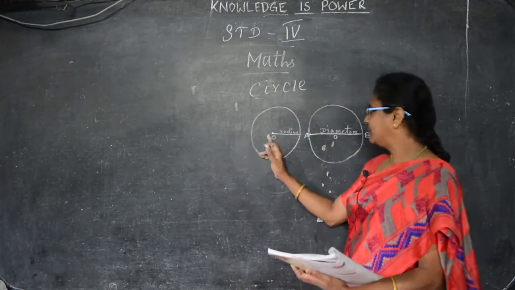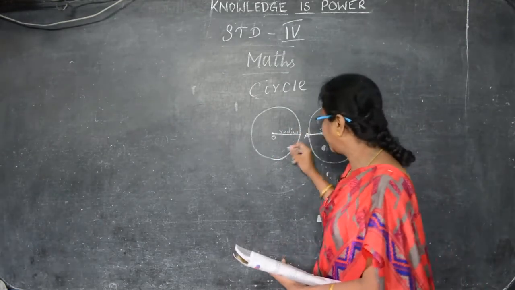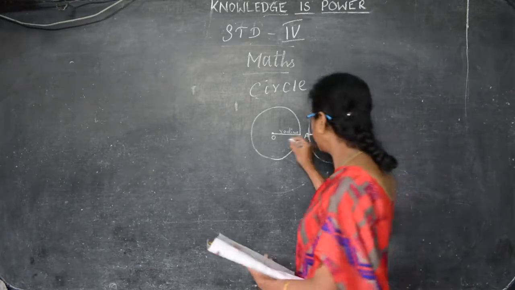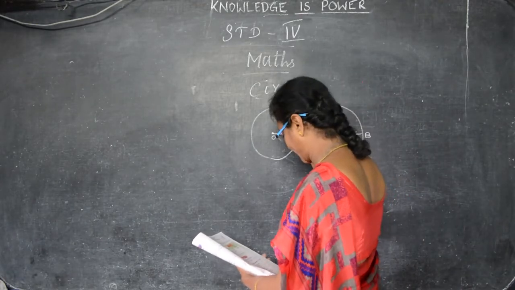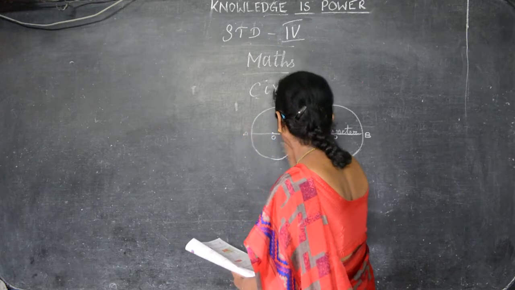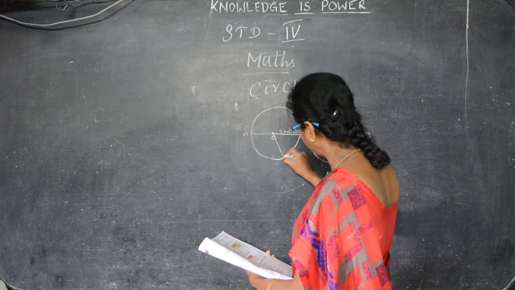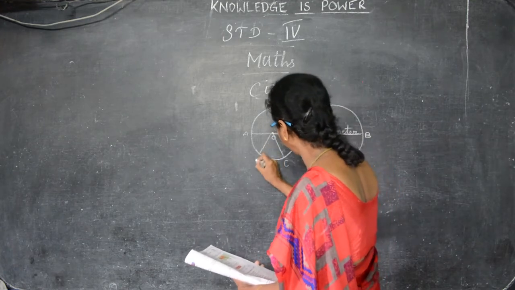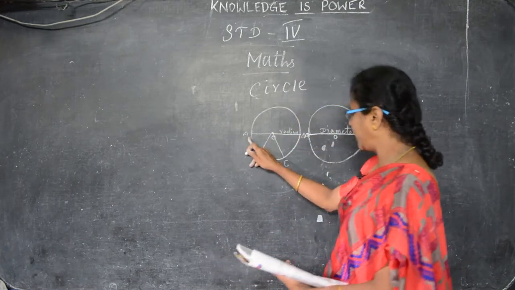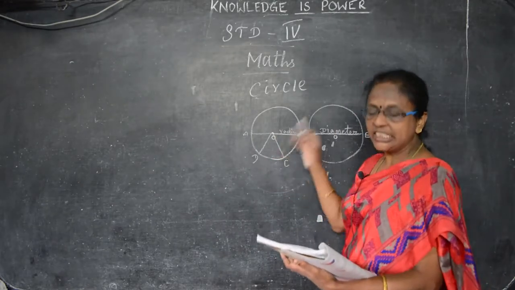So the distance from the center to each of these points, suppose this is A and this is B and here C and here it is D. So OA, OB, OC and OD are the radius.